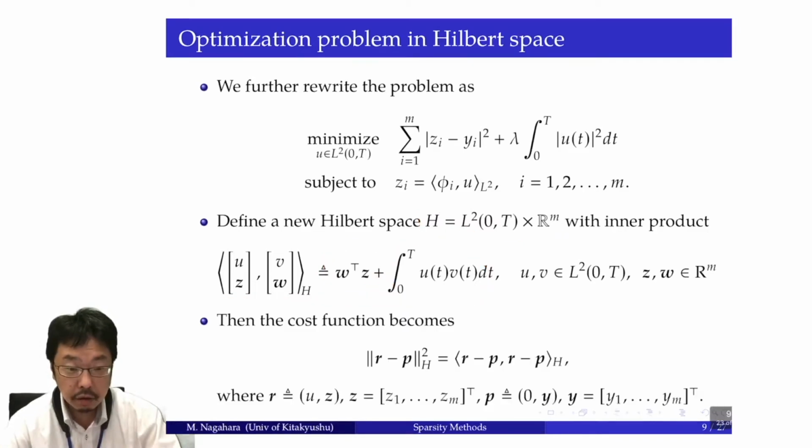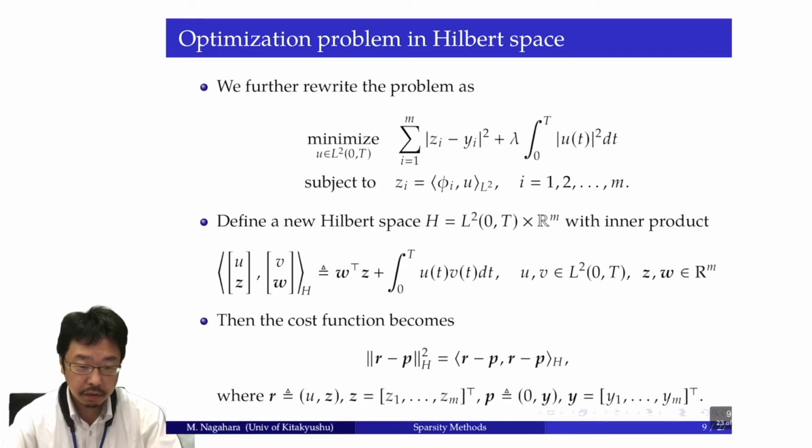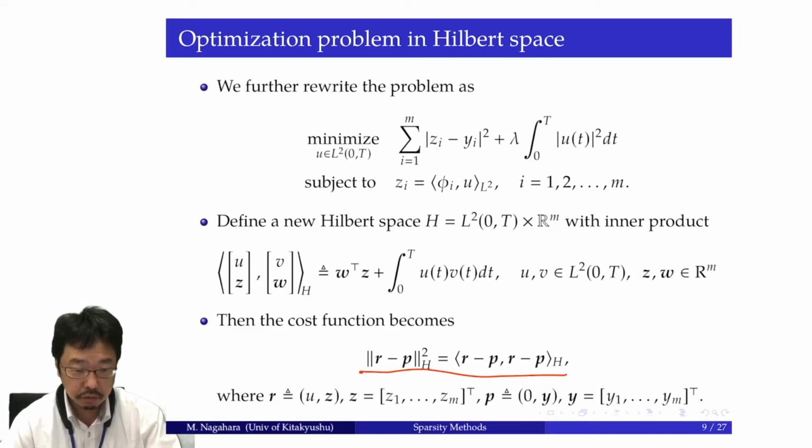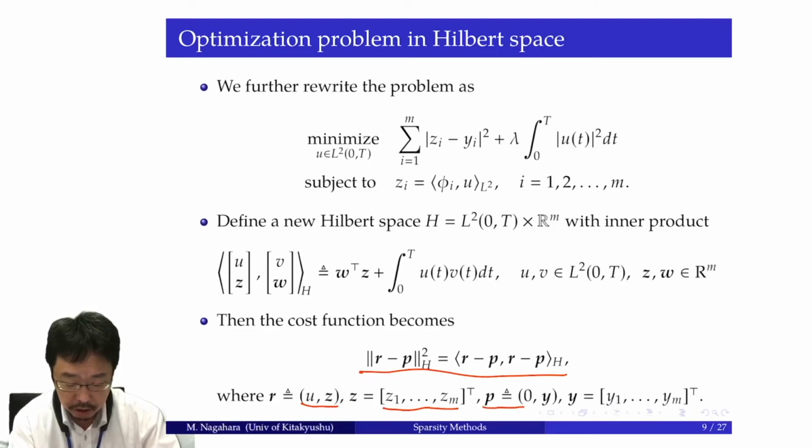Then the cost function becomes this simple expression: the squared norm in H of r minus p, where r is defined by (u, z) with z is z1 to zm, and p is defined by (0, y), and y is a vector of y1 to ym.